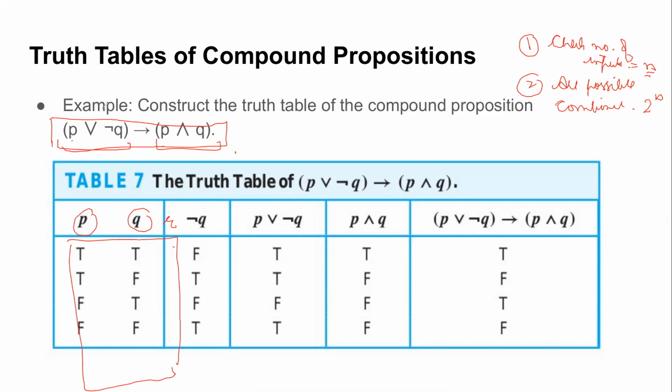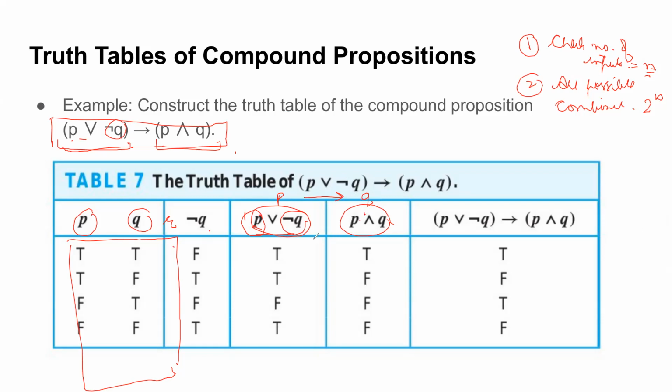After that, whatever primitives you require for finding the proposition, write them. Like if you require not Q, you write not Q, and then find the values of your primitive propositions in this compound proposition, like P or not Q and P and Q. Once you have both of them, you can consider this one as one statement and this as another statement, and simply follow the table of implication.